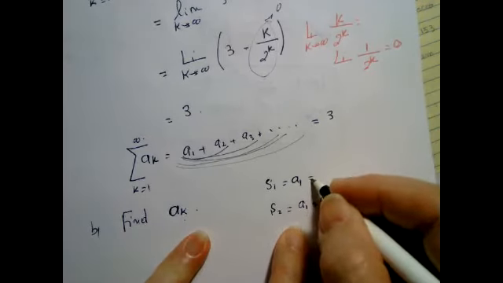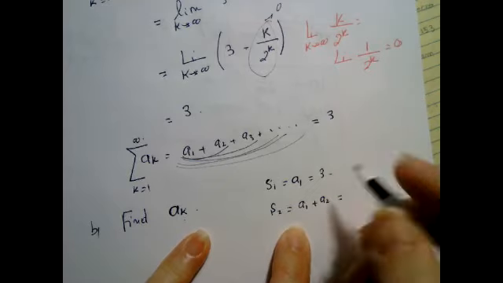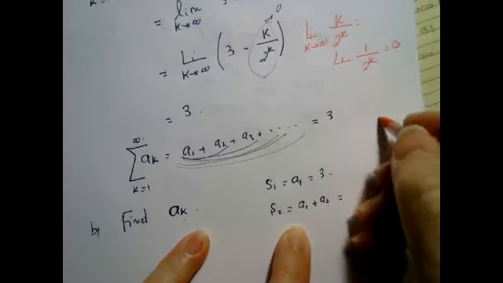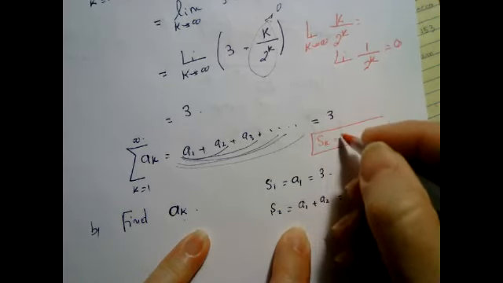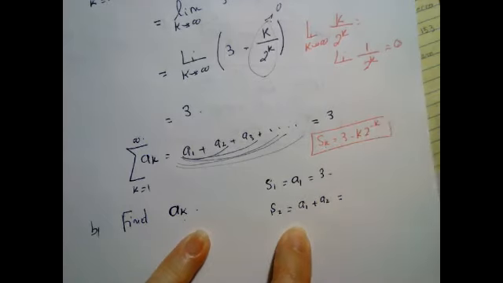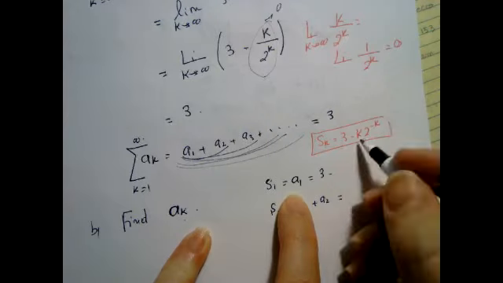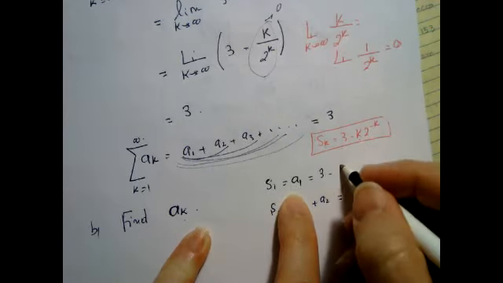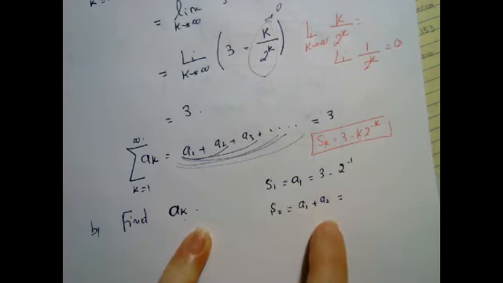Let me rewrite it here so we will be clear. S_k, the sum of the first k terms, is 3 minus k times 2 to the minus k. So S1, which is the first term, is going to be equal to 3 minus, if I put 1 here, 2 to the minus 1. So that's the first term.